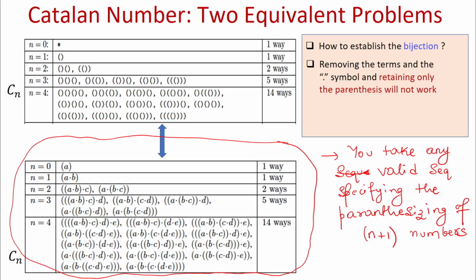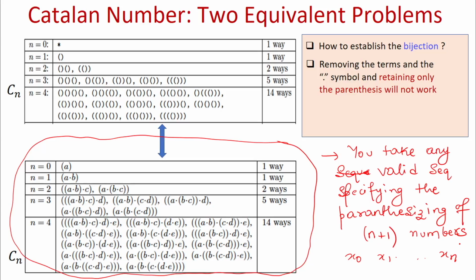What you can do is the following. You remove all the terms, namely forget about x0, x1, up to xn. You simply remove them, because in our valid string consisting of n pairs of parentheses, we don't have any occurrence of x0 to xn. So you erase x0 to xn from the sequence which specifies the parenthesizing order, and you just retain the parentheses, namely the left parenthesis and the right parenthesis. And the claim is that you obtain a valid string consisting of n pairs of parentheses. If you do that, then the resultant string will be a valid string of n pairs of parentheses.